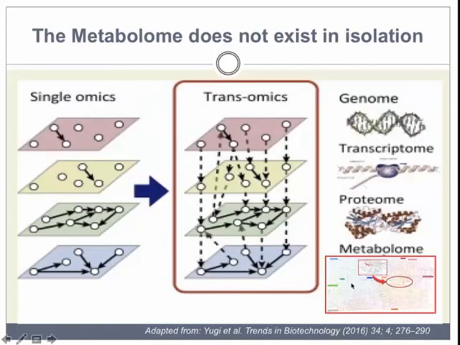But more so, the metabolome is just one part of this omics cascade, where we have all sorts of things influencing it: genetics, transcriptomics, proteomics. And while each one of these omics operates within itself, they also operate in this multi-omic, multi-dimensional way where genetics is influencing the metabolome and the transcriptome, etc.